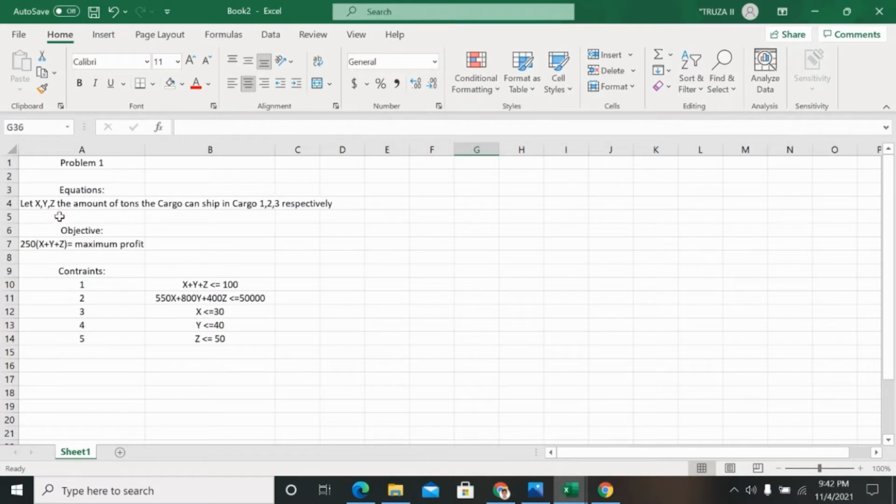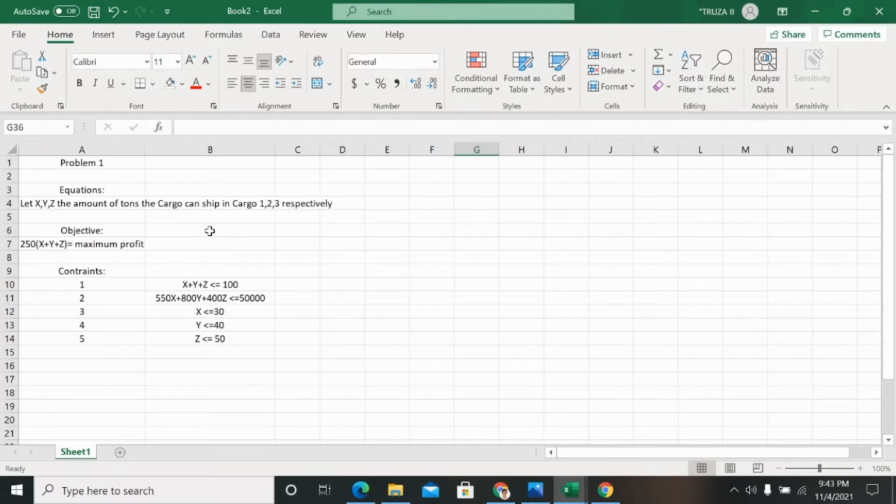Our equation: we let x, y, and z be the amount of tons of cargo 1, 2, and 3 respectively, the maximum amount of cargo that can be shipped.